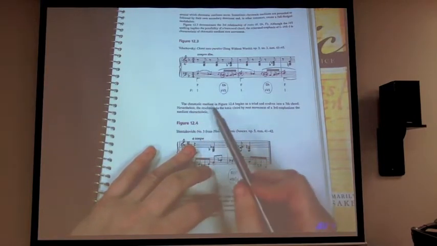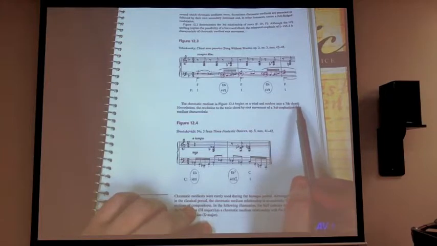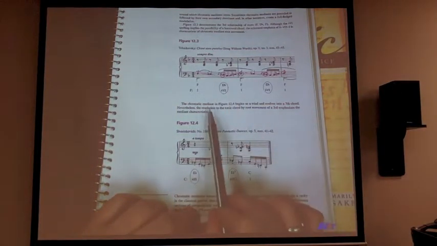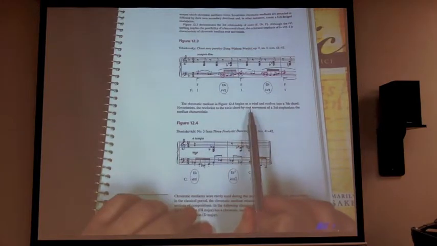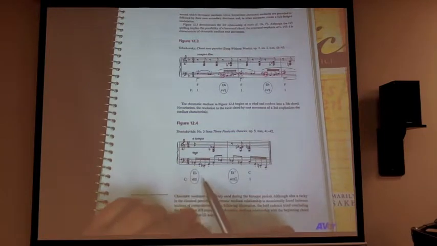So the chromatic mediant in figure 12.4 begins as a triad and evolves into a 7th chord. So here's where we see this 7th chord. The resolution to the tonic chord by root movement of a third emphasizes the mediant characteristics. Okay, so here we go. Here's our altered mediant. We've got our lowered B flat, okay?